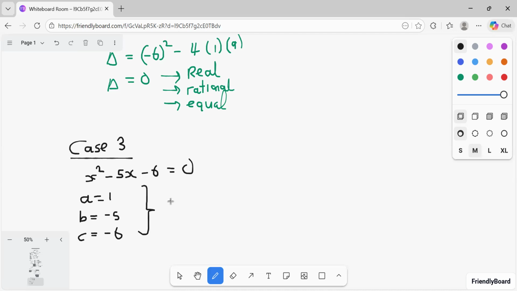So this is going to be x is equal to minus, open brackets, minus 5, here plus or minus the square root of minus 5 squared minus 4 times 1 times minus 6.